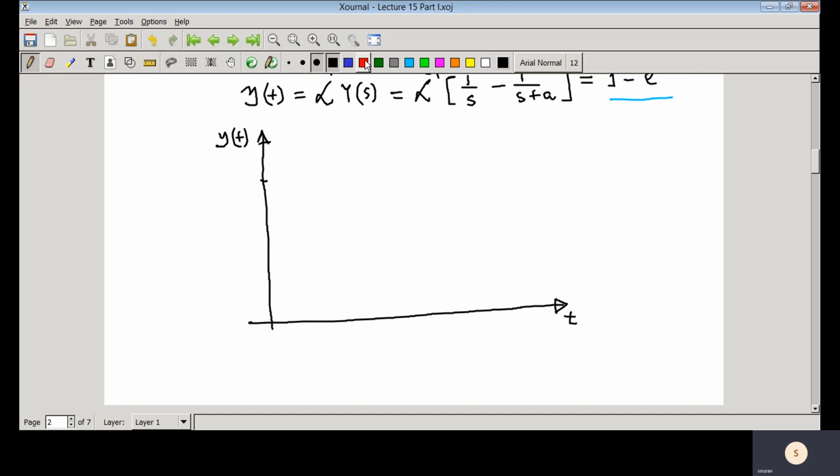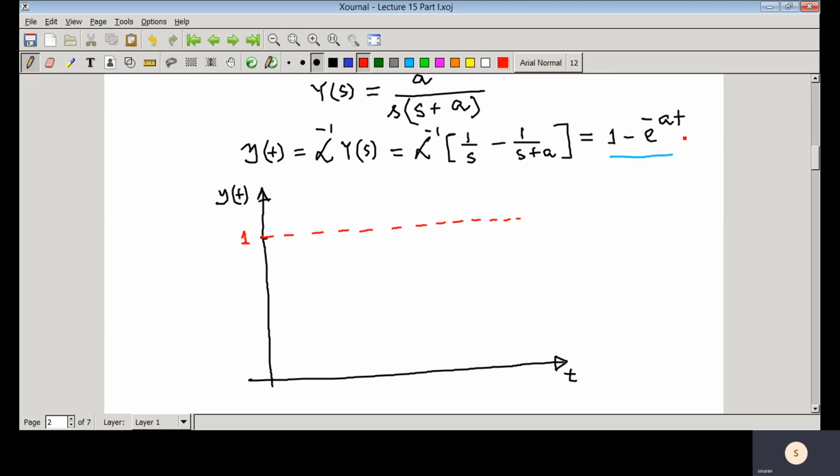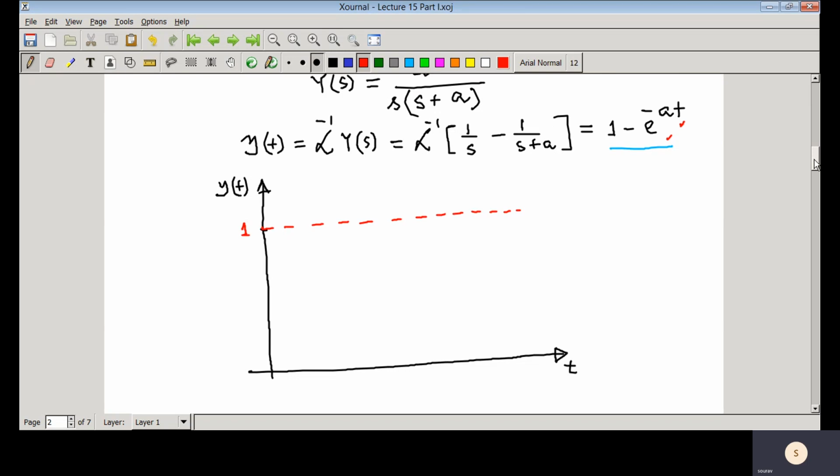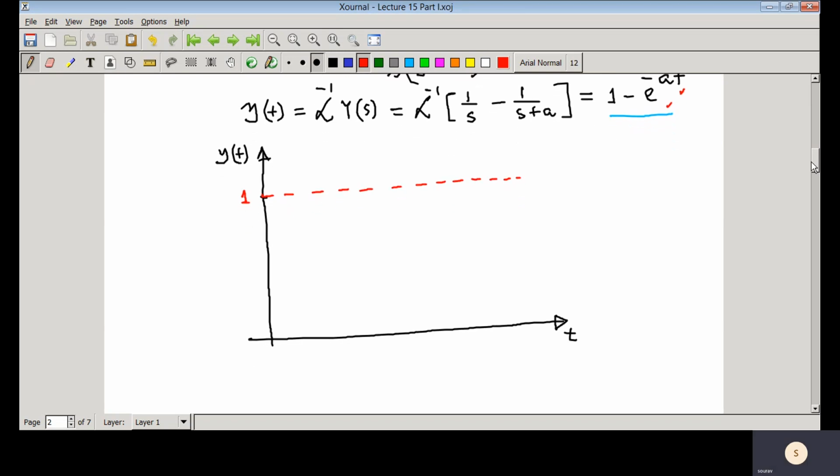We have applied the unit step input, so that is the value 1, and you can see here that when t tends to infinity, this term would be equal to 0, and so the output will reach the value 1. It is close to 1, but when t tends to infinity it reaches 1. So the response, this is the typical first order response.